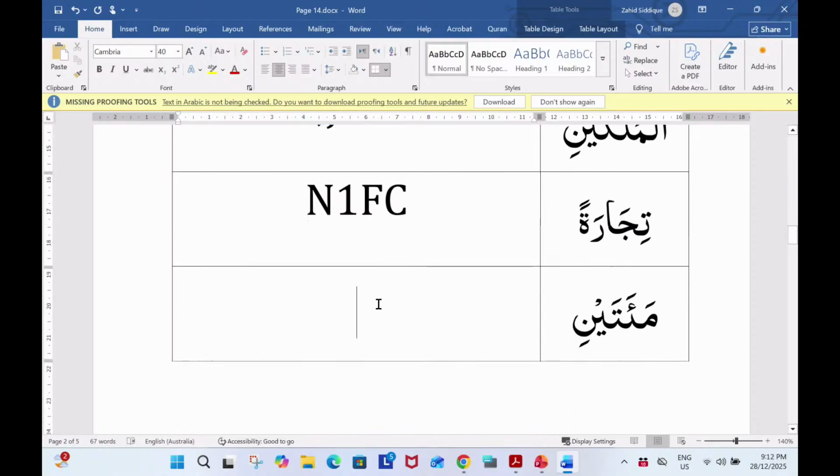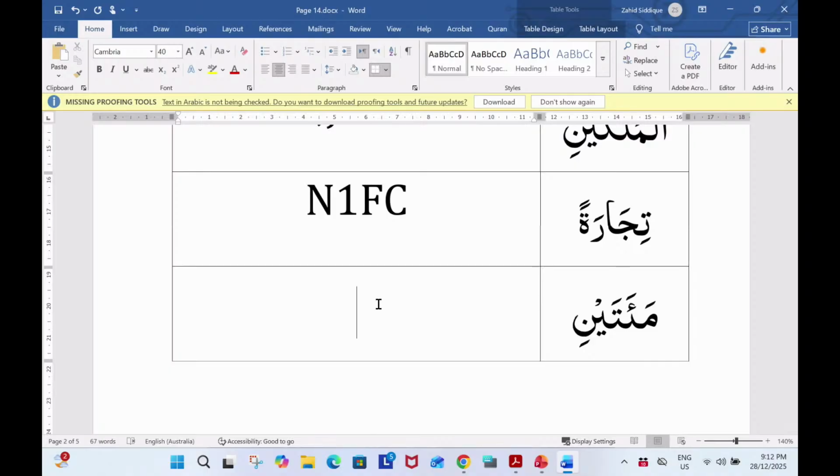Okay, next one. Can you read it? Ma'adaini. So is it matching with any ending combination? Aini. So what is the aini ending combination? What status does it give?